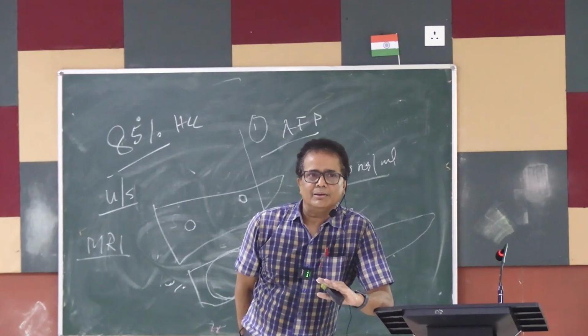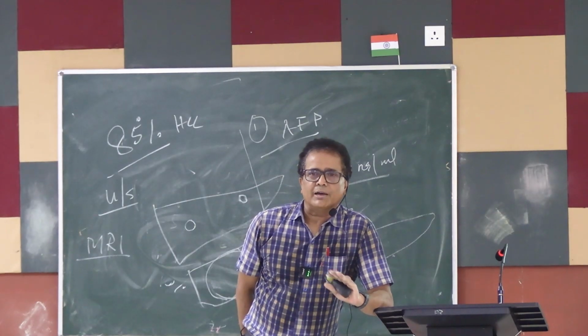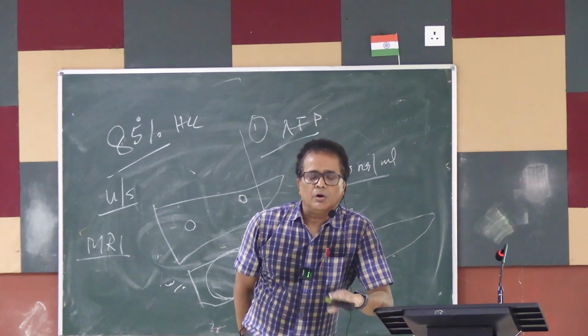That means MRI is the best test to diagnose the nature of the nodule in a nodular liver disease. That nodular liver disease may be simple cirrhosis, or it could be a nodular variety of hepatocellular carcinoma. For that, MRI is very important.